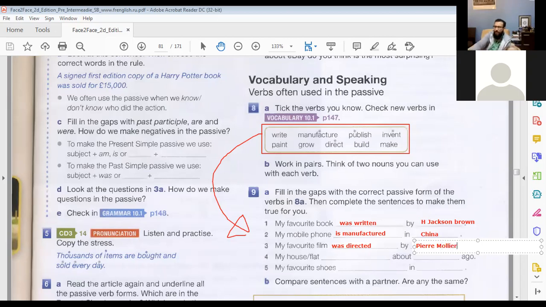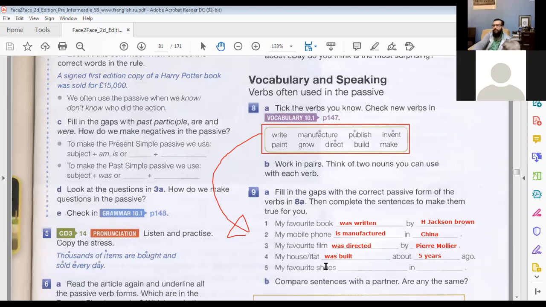I don't think this spelling is correct. Okay, number 4. My house flat was built. What's the past participle? Was built. صح. Built, yes. Was built about how many years? 5 years ago. مثلا 5 years ago.